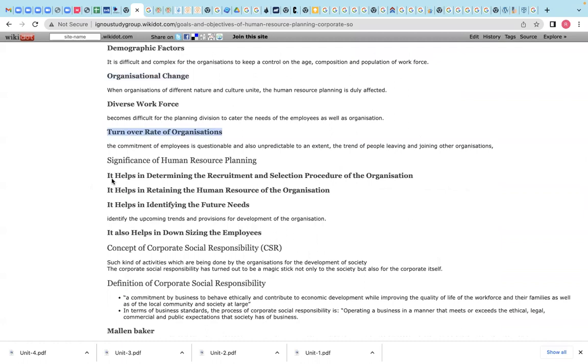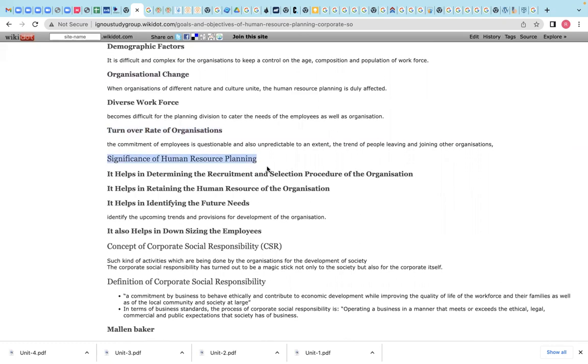Then you will have to probably ramp up your other mechanisms to reduce the attrition and also increase whatever the input that you could take, right? So these are some of the challenges, or rather issues, that could be affecting human resource planning, right?